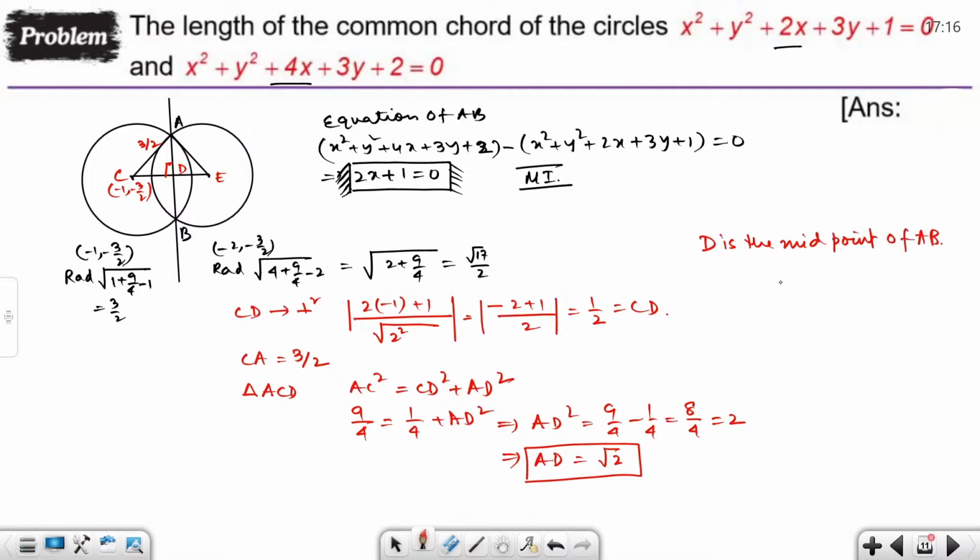Am I right or not? C is the center of the circle and CD is perpendicular to AB, means it is going to bisect the chord, right? Therefore, AB is nothing but 2 times AD, which gives us 2 times root 2. Therefore, the length of the common chord is 2 root 2.